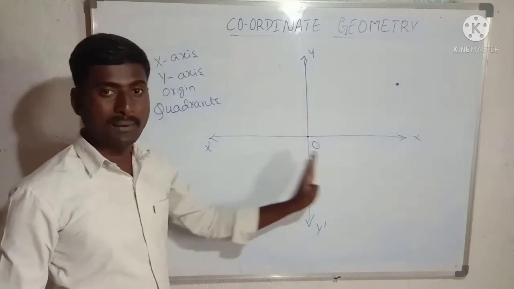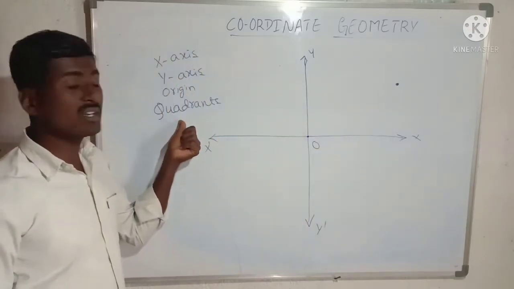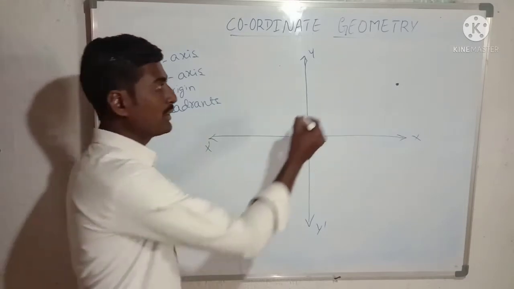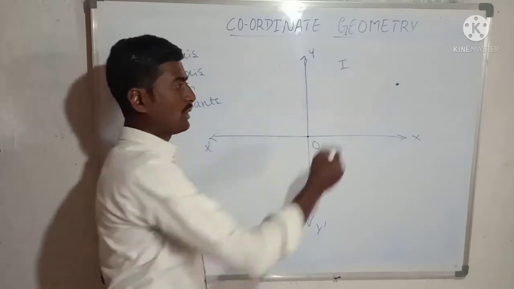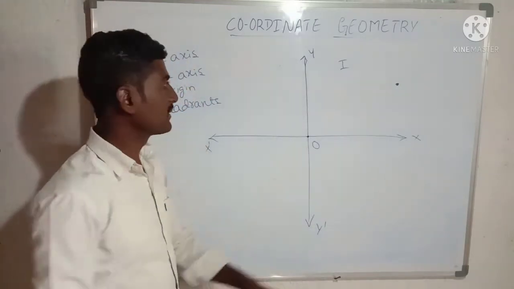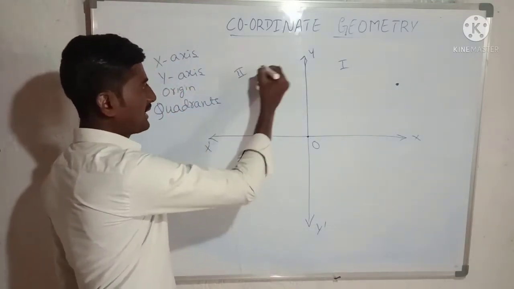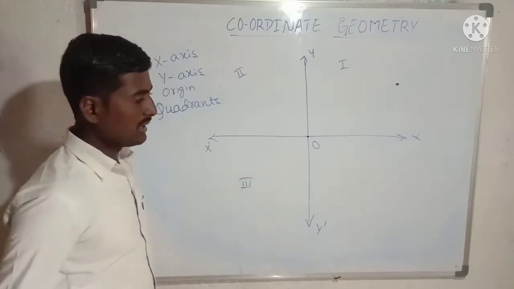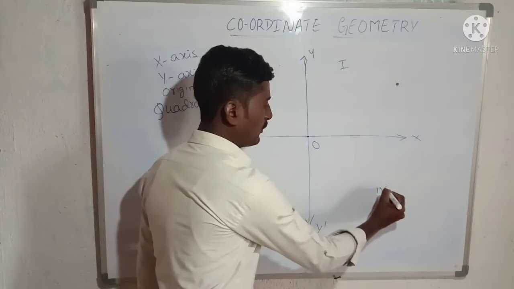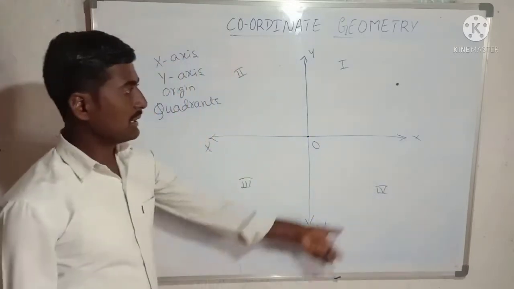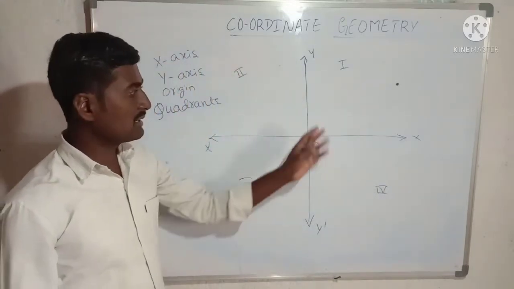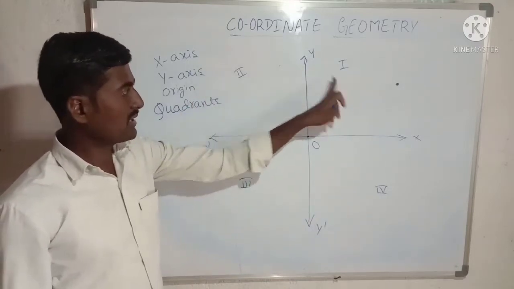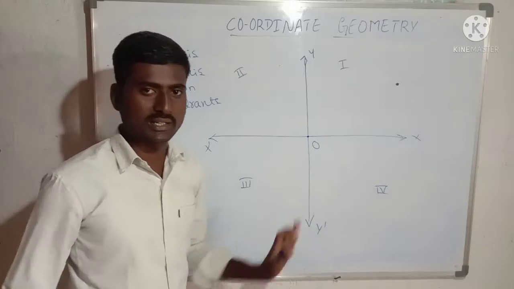We can call them quadrants. Now how many quadrants are there? Four quadrants. We have to name them. This is the first quadrant. Now this is the second quadrant. And this is the third quadrant. And the last one, this is the fourth quadrant. The plane is divided into four equal parts called quadrants, namely first, second, third, fourth quadrant.